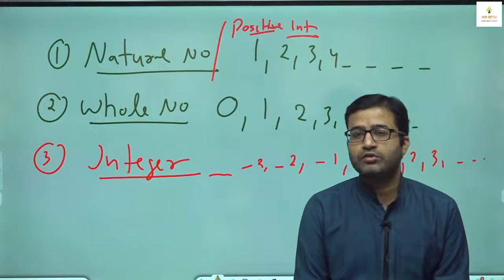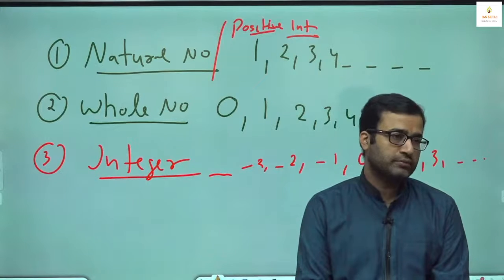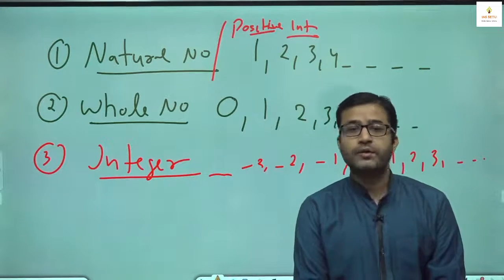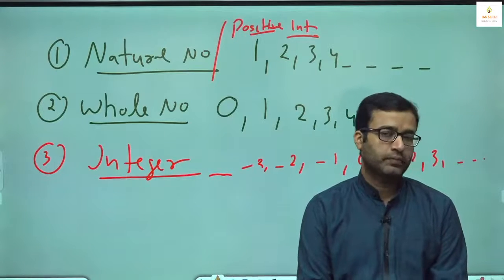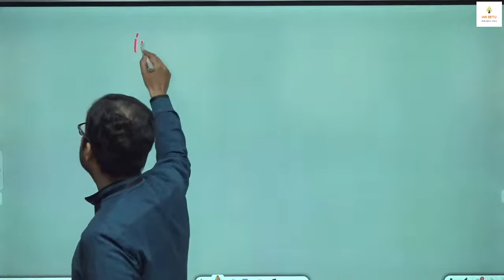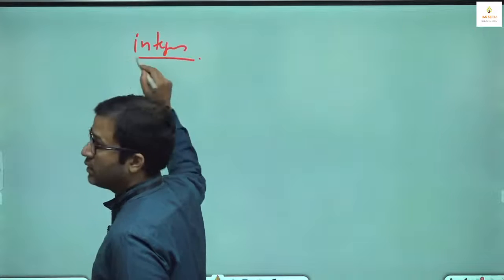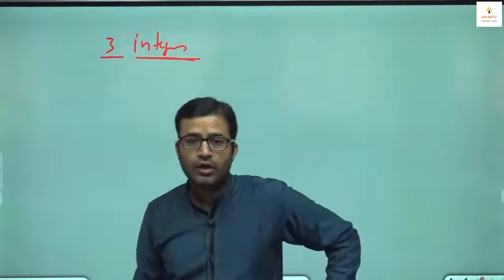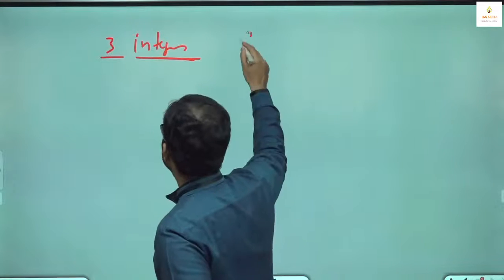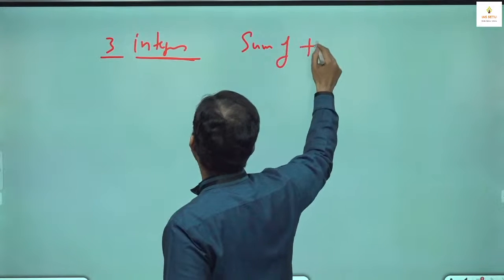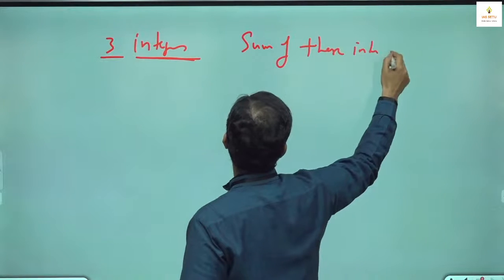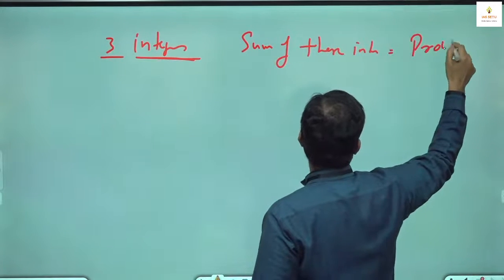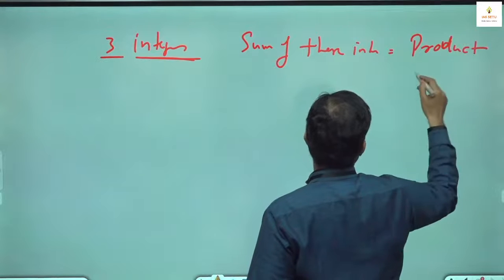Now here, in 2022 they asked a question where some students made a mistake because they did not read the question properly. The question was: how many pairs of 3 integers are there so that the sum of these 3 integers is equal to the product of these 3 integers?